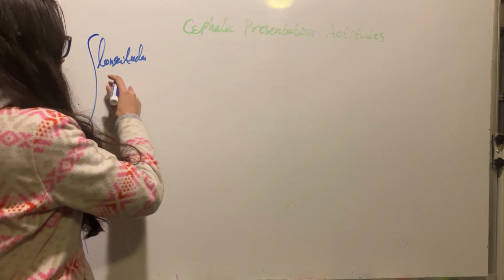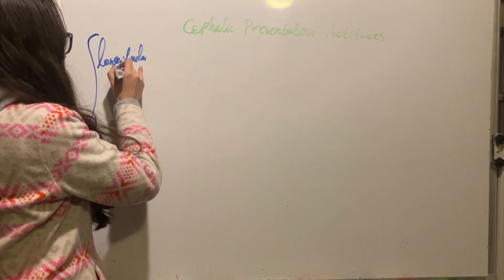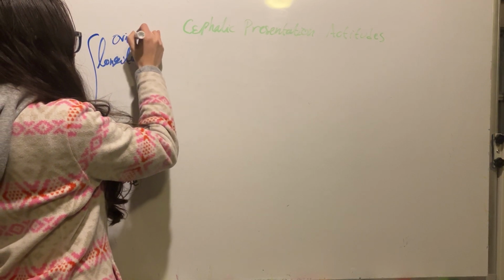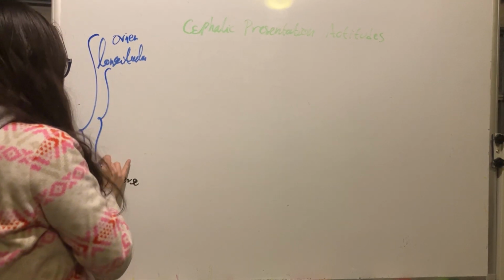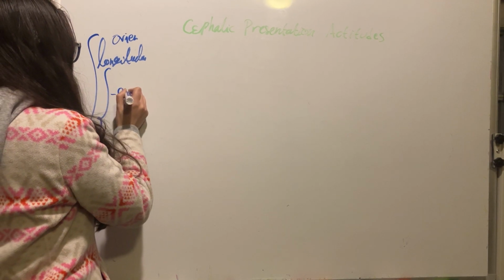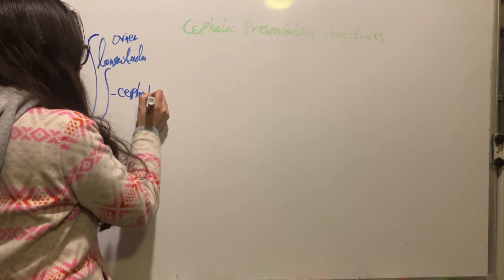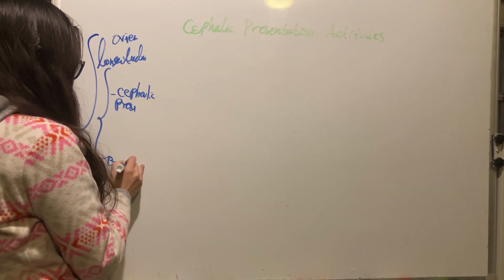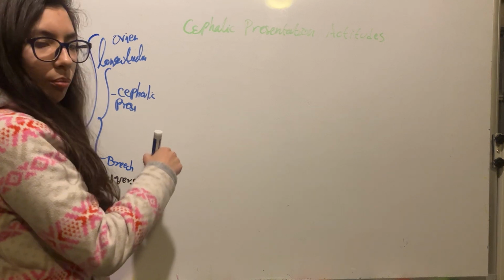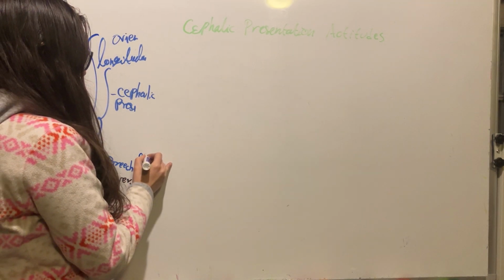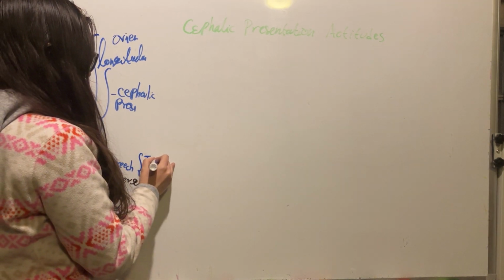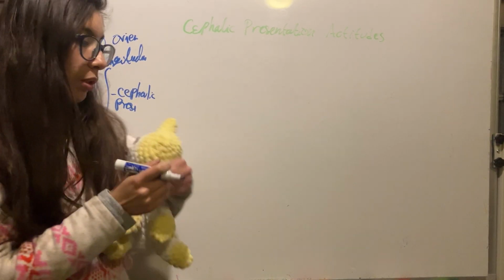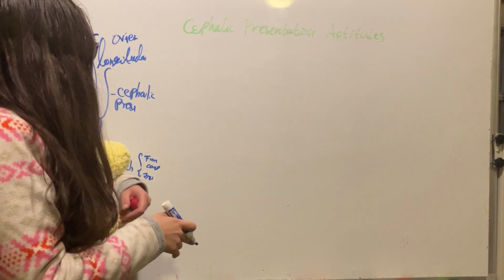So in the longitudinal orientation, we can have the cephalic presentation, or the breech presentation. In the previous video, we reviewed the breech presentation, which is frank presentation, complete or incomplete, where we have extension of the thighs onto the legs.